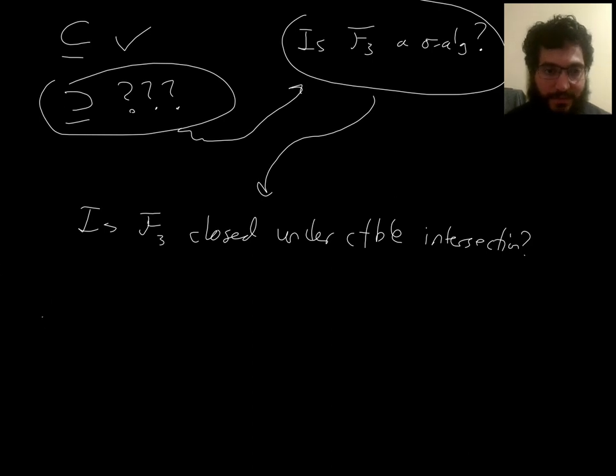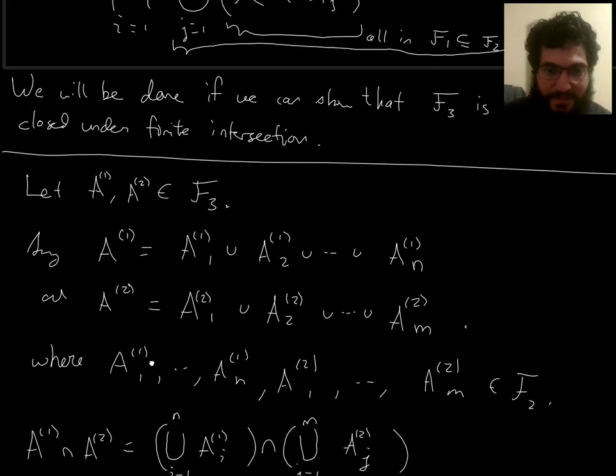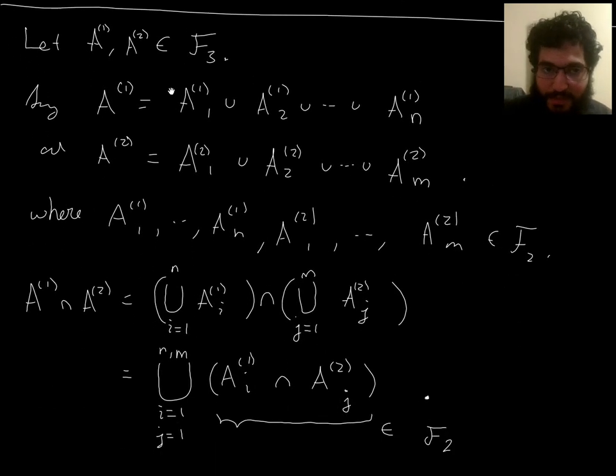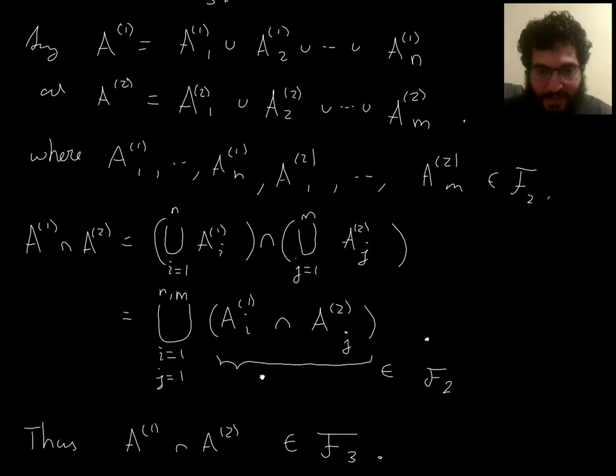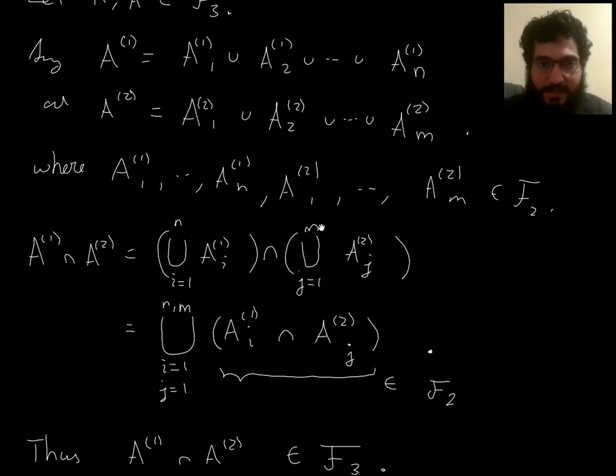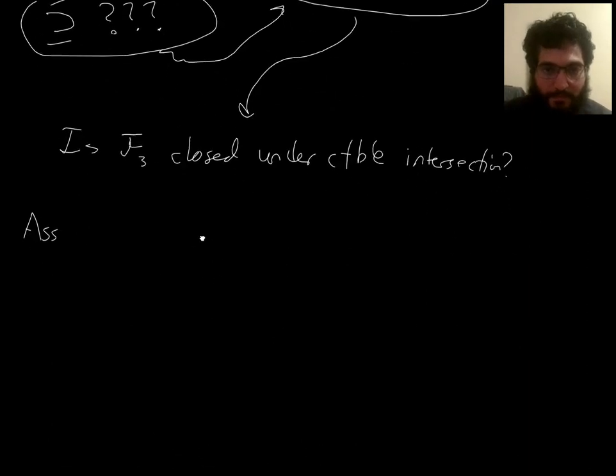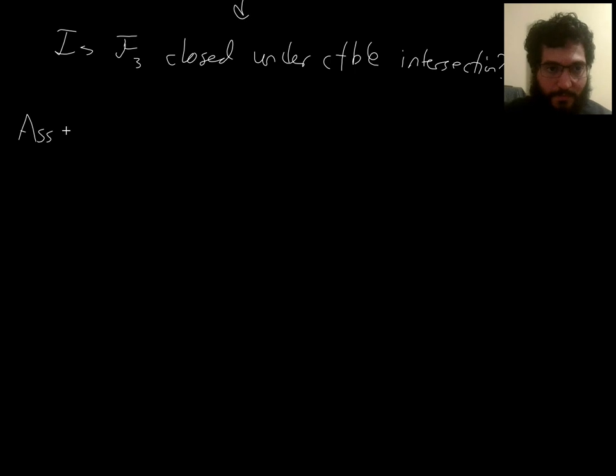So let's try it. It feels like, to me at first at least, I should be able to just mimic the steps here and it should work. So what part of the steps here is going to fail? Look what I've written.